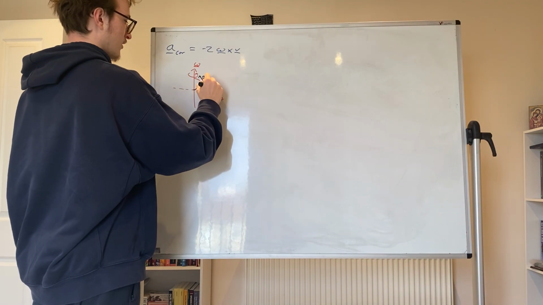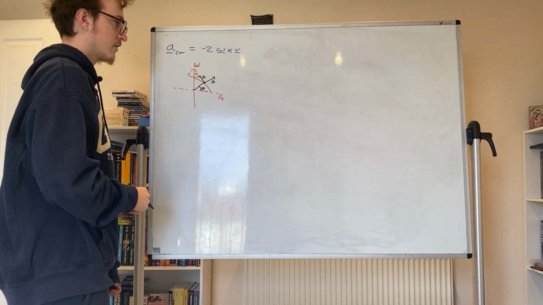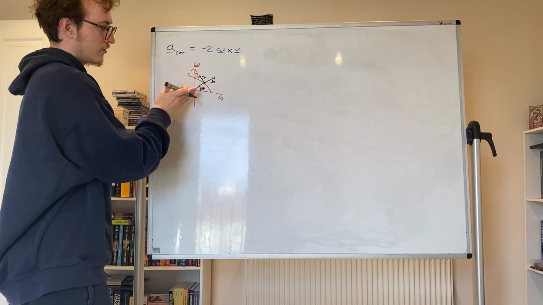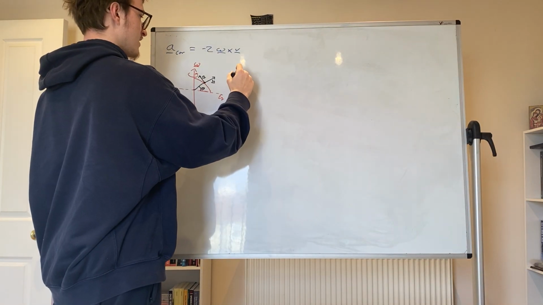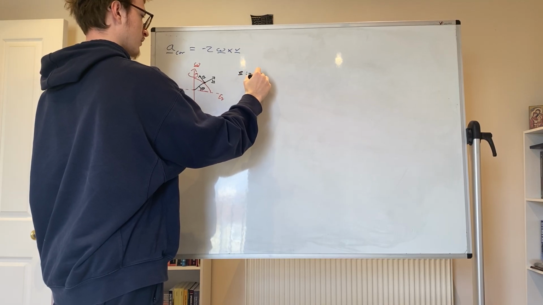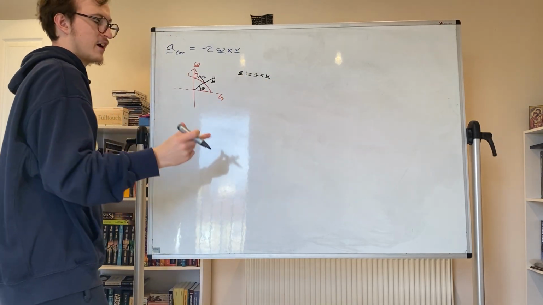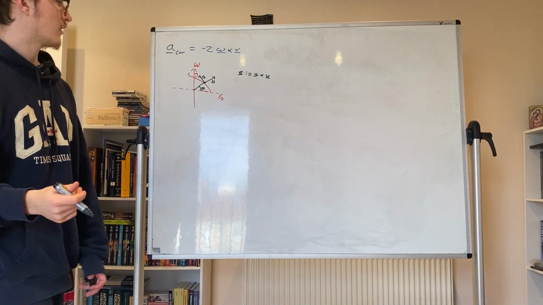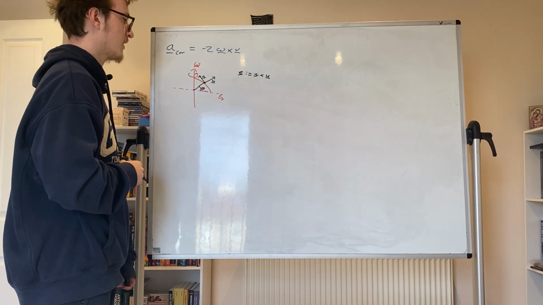We'll choose up to just be normal to the surface of the Earth. And then I won't draw this on, but pointing outwards, out of the board, we'll have east, which we'll define to be north crossed up. So we have a right-handed set, basically. And yeah, east will point out of the page.